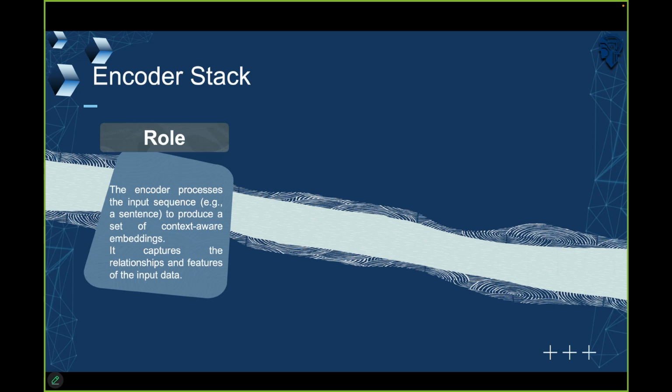The encoder stack's purpose is to process the input sequence, for example a sentence, to produce a set of context-aware embeddings, meaning vector representations. It captures the relationships and features of the input data because of the vector representation, as we have understood earlier also.